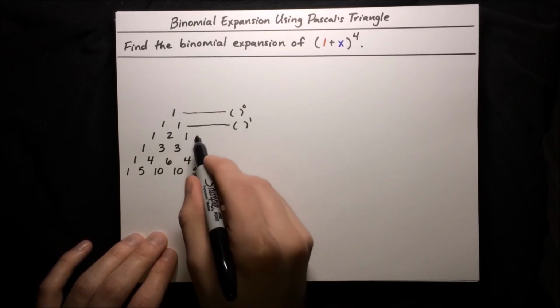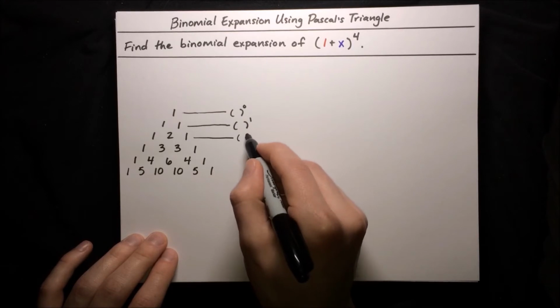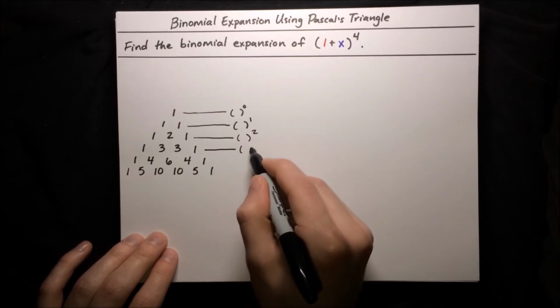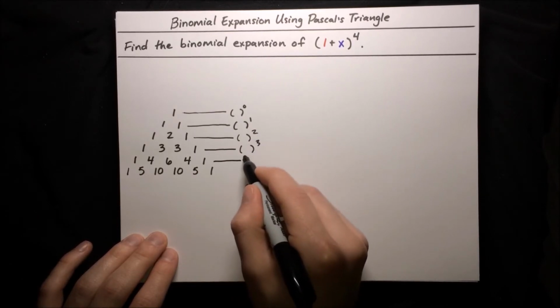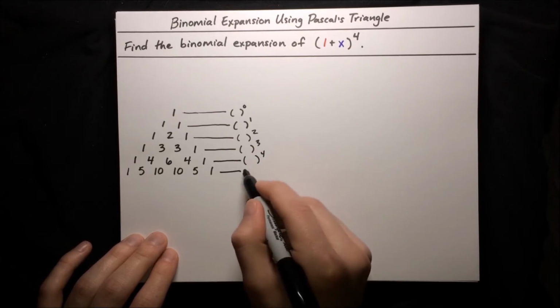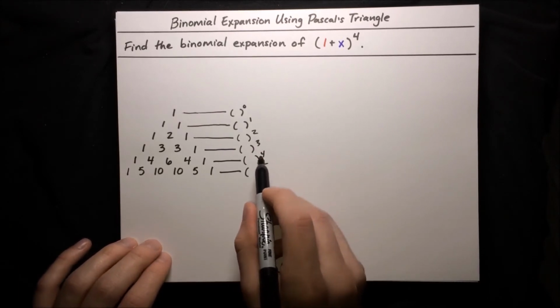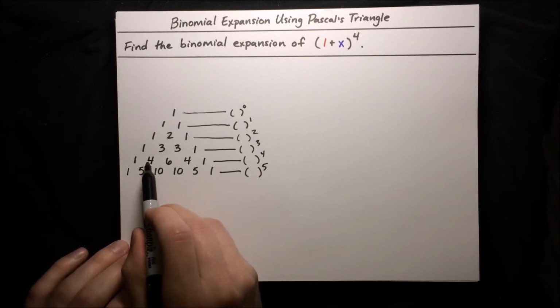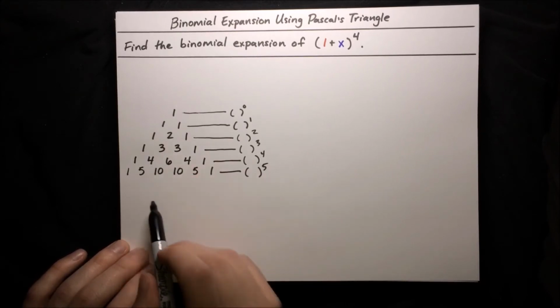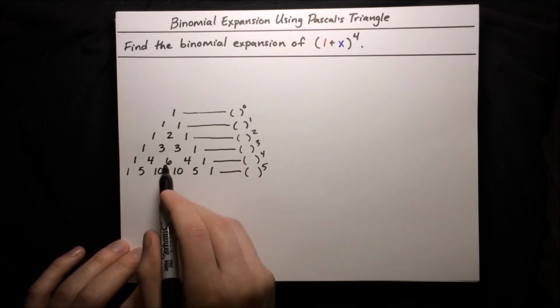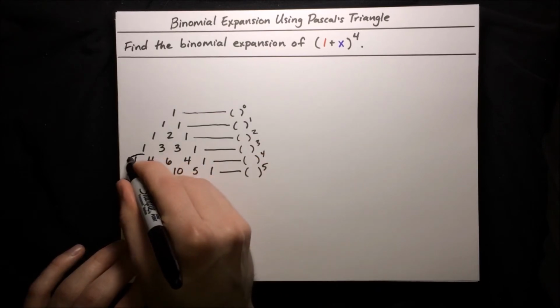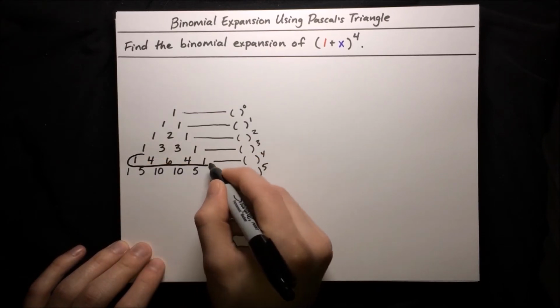0, 1, then this is 2, this is 3, this is 4, this is 5. You can also notice that the exponent matches up with the second entry here, 1, 2, 3, 4, 5. So either way you look at it, this is the row that we want. 1, 4, 6, 4, 1.